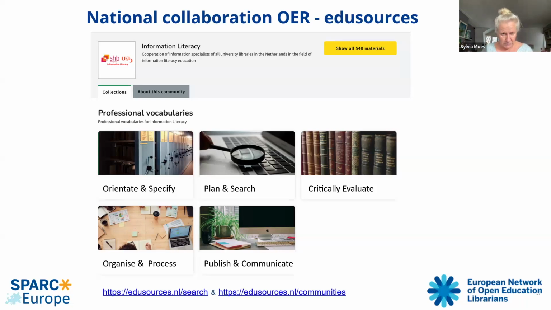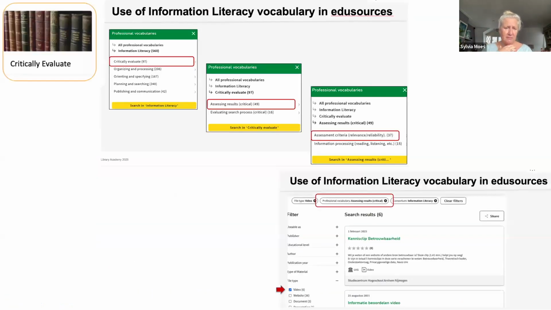If we go to the next slide, then you see critical evaluation, and then you can see how you can filter on the levels again to go to the materials. So you see 97 educational resources in the first level, and then the second level is 49, and then at the end you have 37.